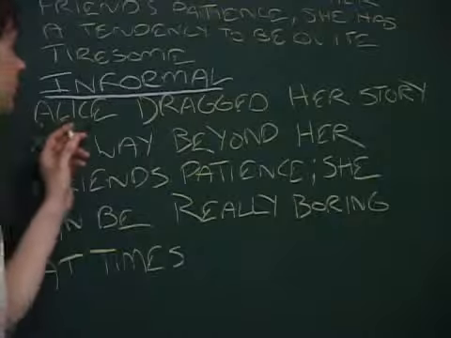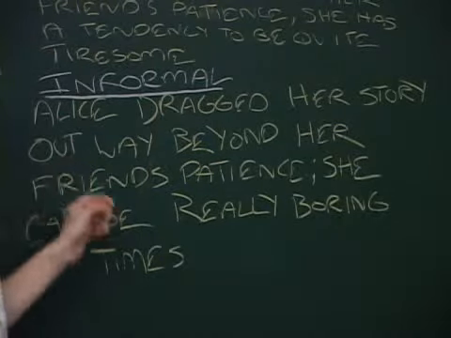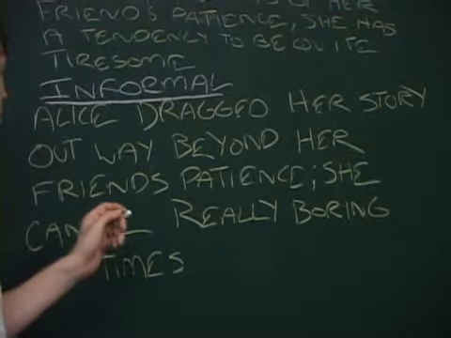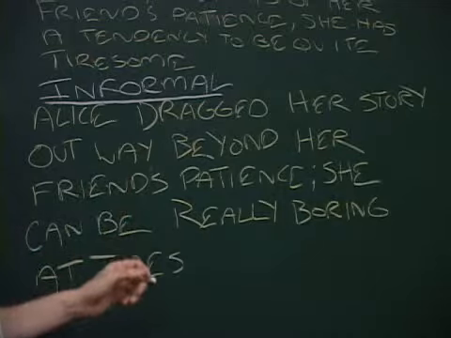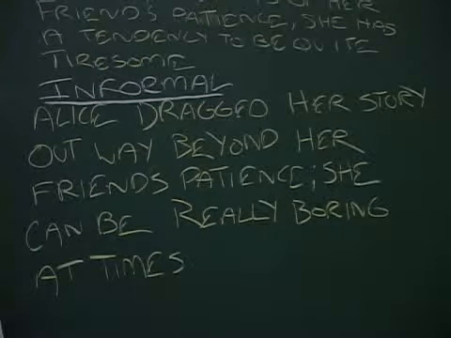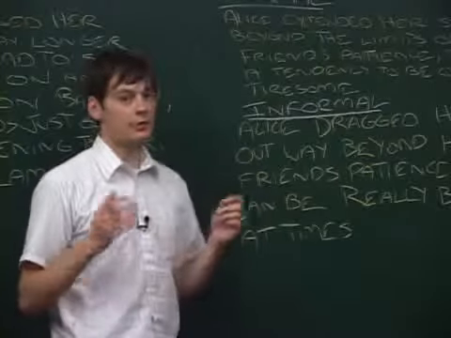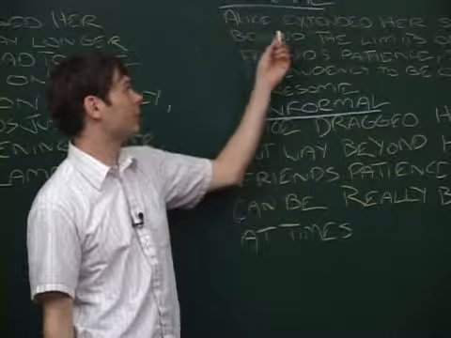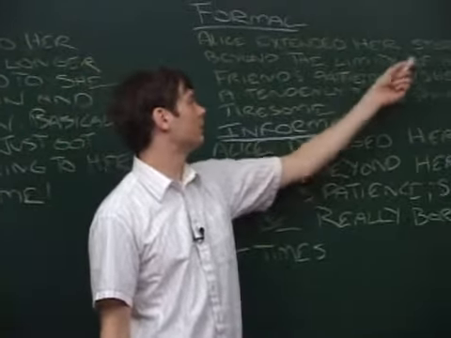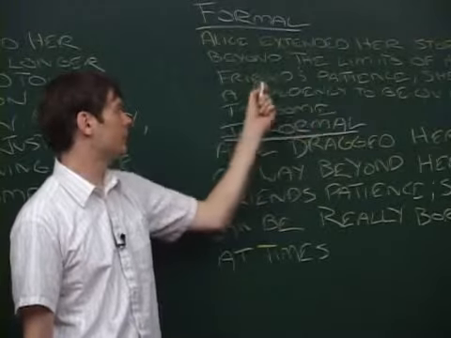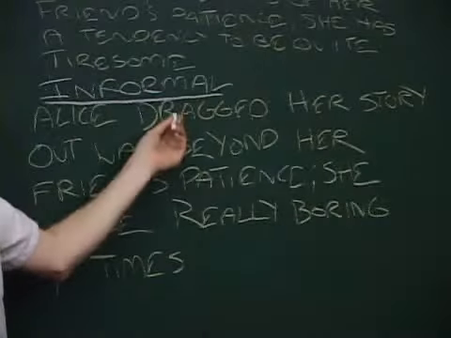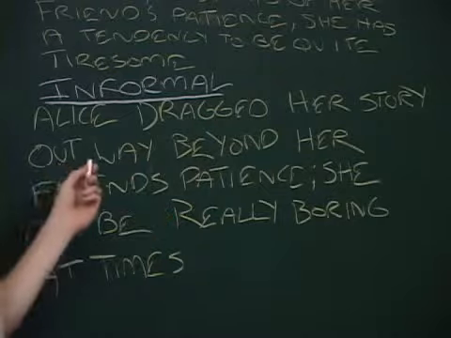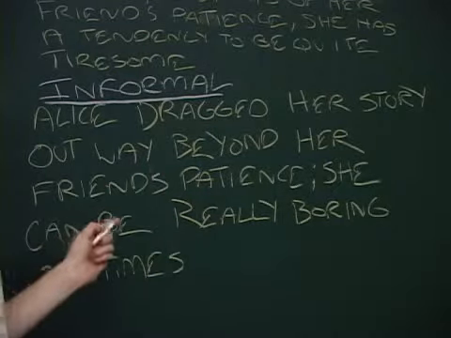Here we have: Alice dragged her story out way beyond her friend's patience. She can be really boring at times. Now, where is the idiom here? You'll notice a big difference if we return to this: extended her story far beyond the limits of her friend's patience. Now, dragged her story out way beyond her friend's patience.